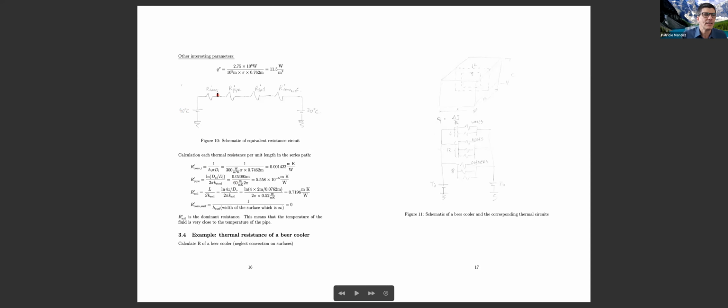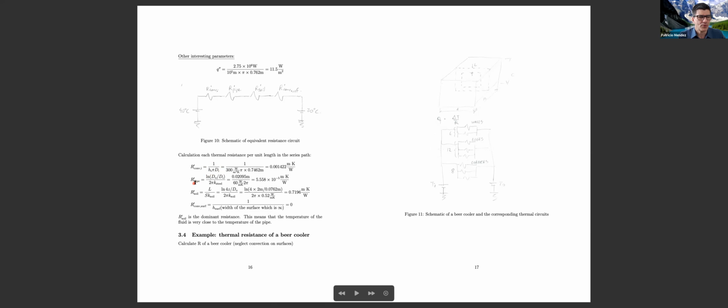So let's calculate each of these thermal resistances. You see, I put a prime because, being a pipe, we like to do it per unit length. The resistance of convection inside is 1 over h times area. The area would be pi times internal diameter times length. And because it's resistance per unit length, I need to multiply by length, and that's why we see no length in here.